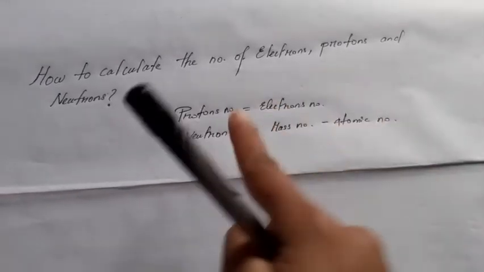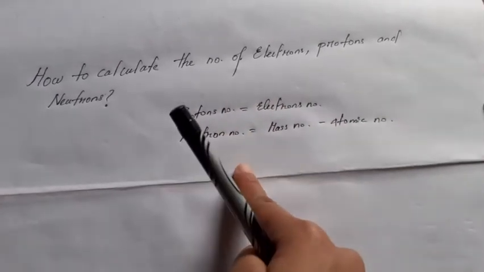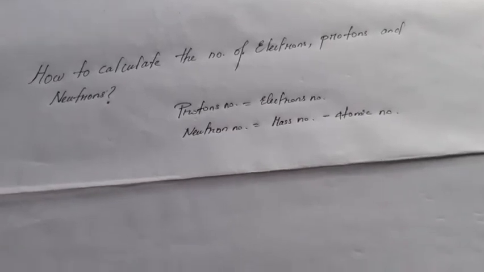So these are the two important points that we have to remember while calculating the numbers of electrons, protons and neutrons.